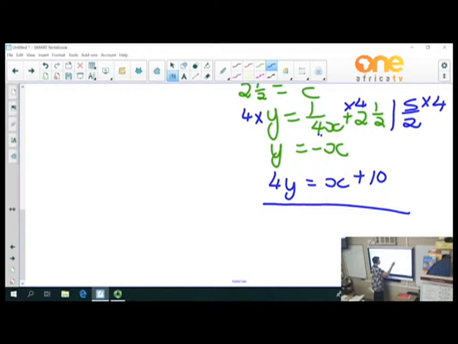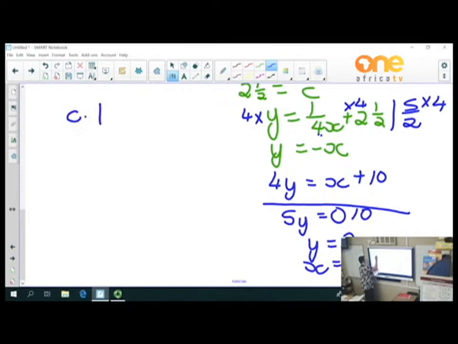This one will eliminate. So 5y is equal to 10, which makes y equal to 2. And then what is x? y is equal to negative x, so x is negative 2. So the coordinates of P are negative 2, 2.